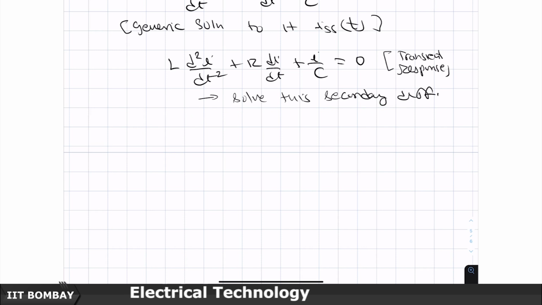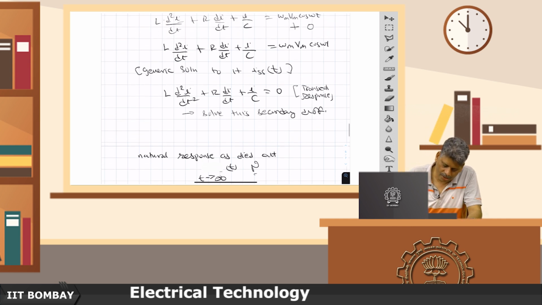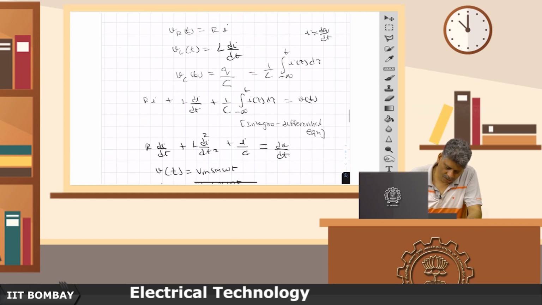I will assume that the natural response has died out, and because for the steady state response we are looking at t tending to infinity, I am only interested right now in this particular part, and so we will just not bother about the transient response.